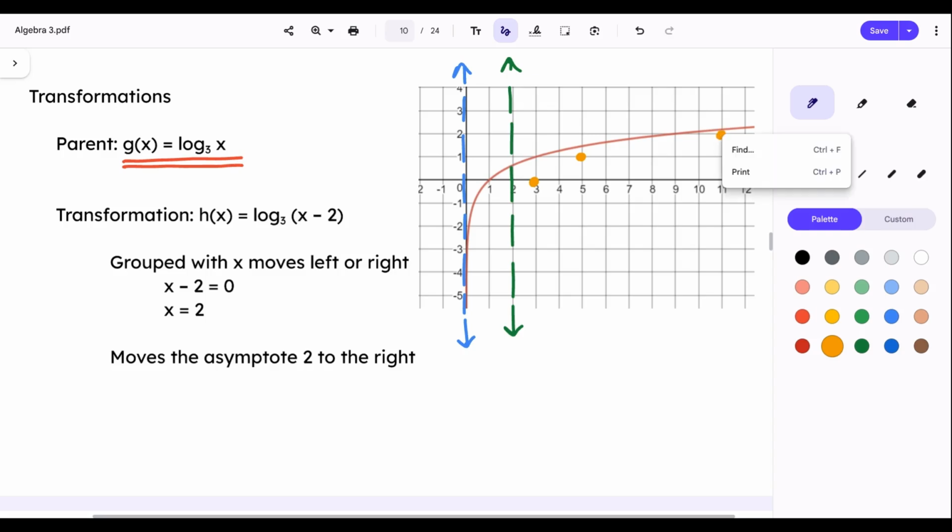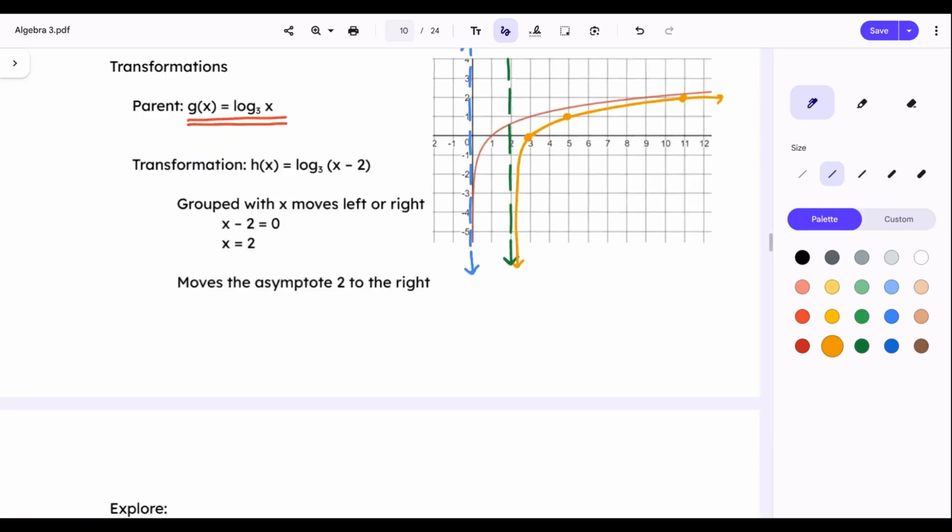And then it would continue to go forever in this direction, and it would continue to come this way, but it would approach that new asymptote. So it's really not super hard to graph a logarithm equation like that using its transformations. You just have to figure out what direction it went in.